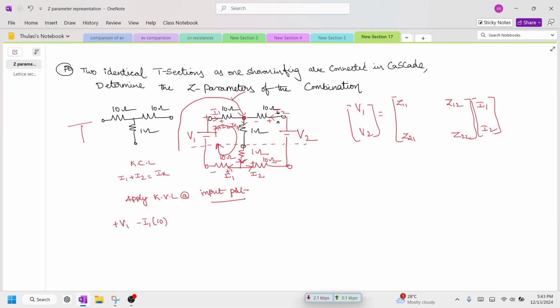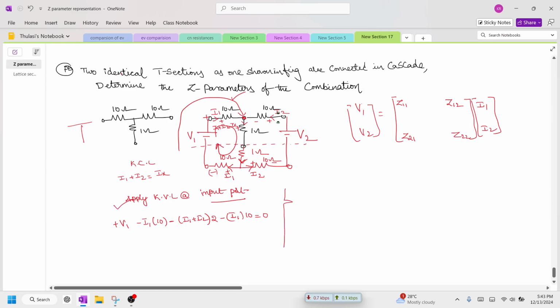And whenever the current is leaving, what is the leaving polarity? Minus. The drop is I into R. The current I is nothing but I1 plus I2, and what is the resistance? 1 plus 1, which is nothing but 2 ohms. And once again the current is flowing only in this 10 ohm. The leaving voltage magnitude is minus I into R, I is nothing but I1, into 10, is equal to 0. So directly you'll get the answer. This is applying KVL at the input port.